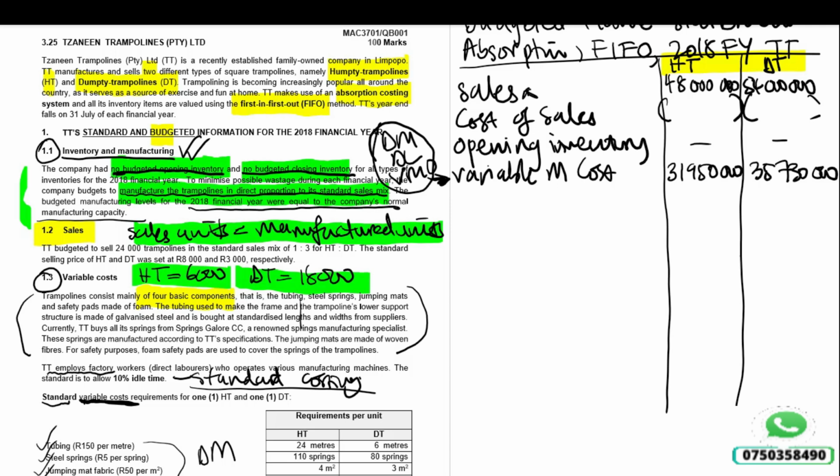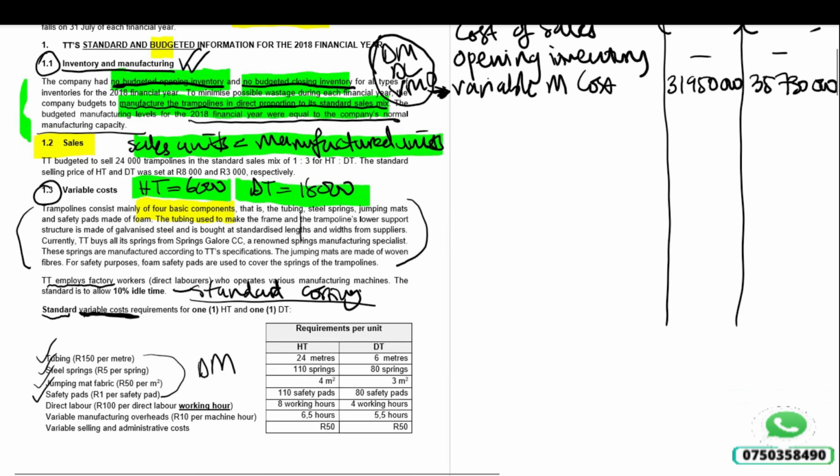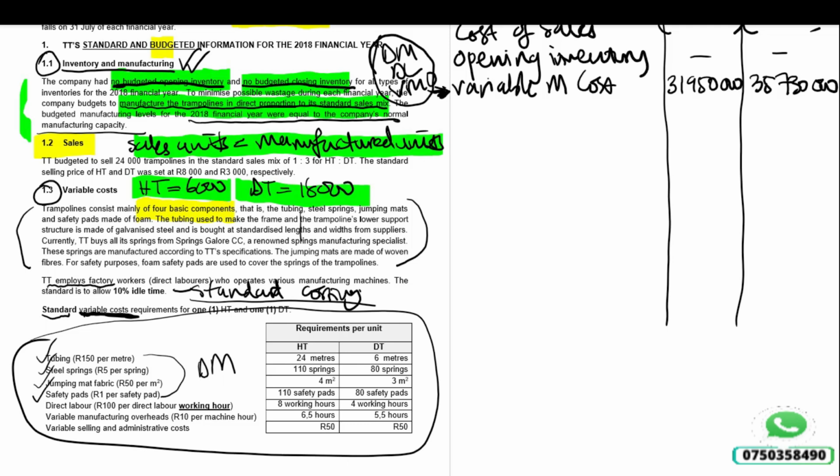You could have shown everything in the statement. But I always prefer to calculate the manufacturing cost per unit separately and then come back to multiply it by the total manufactured units. They've been included in one amount because this information allowed us to calculate it as one amount. And then we excluded variable selling for the reason that I've explained. It's not a manufacturing cost.